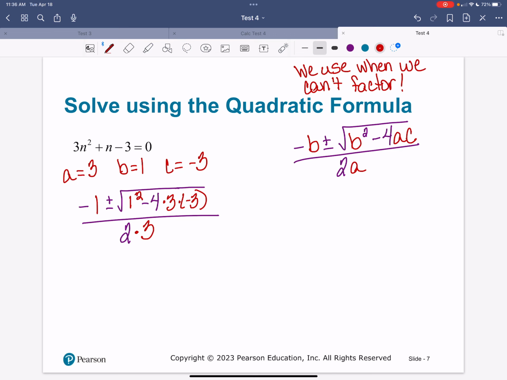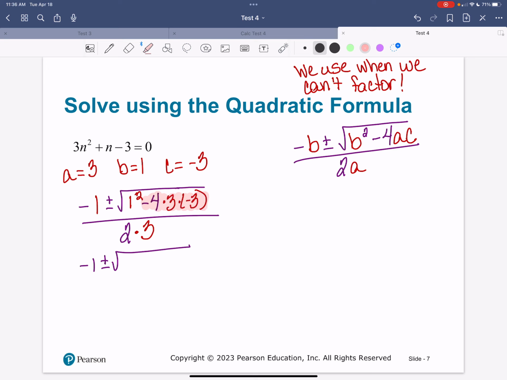Now, you've got to simplify this first. Focus on what's inside the square root first. So I've got negative 1 plus or minus the square root of 1 squared minus 4 times 3 times negative 3. You have got to do this computation before you can do anything else.